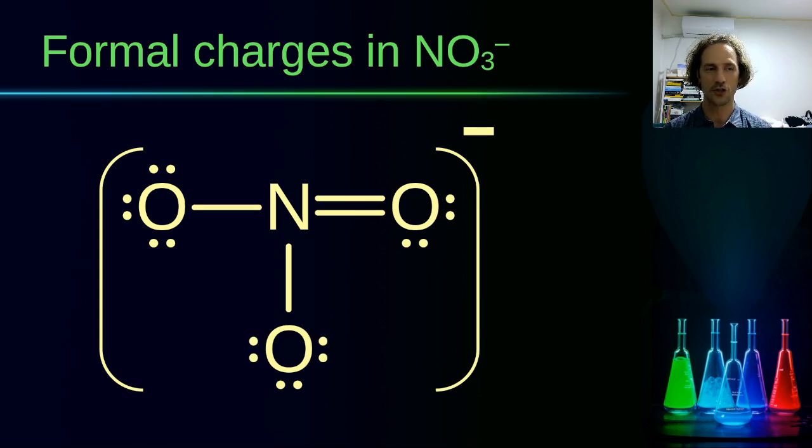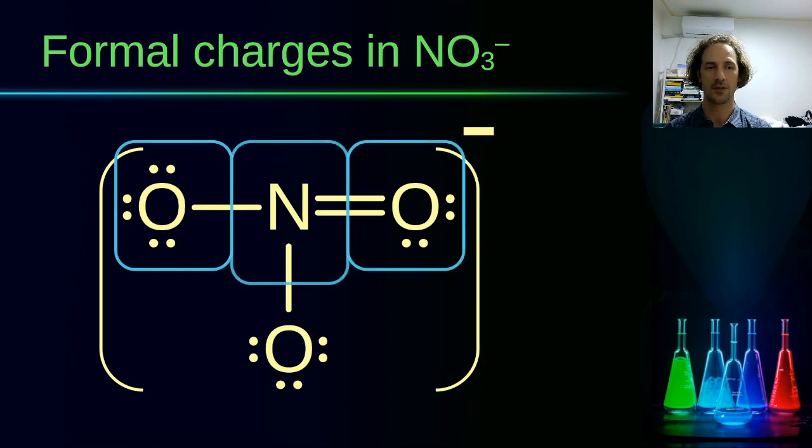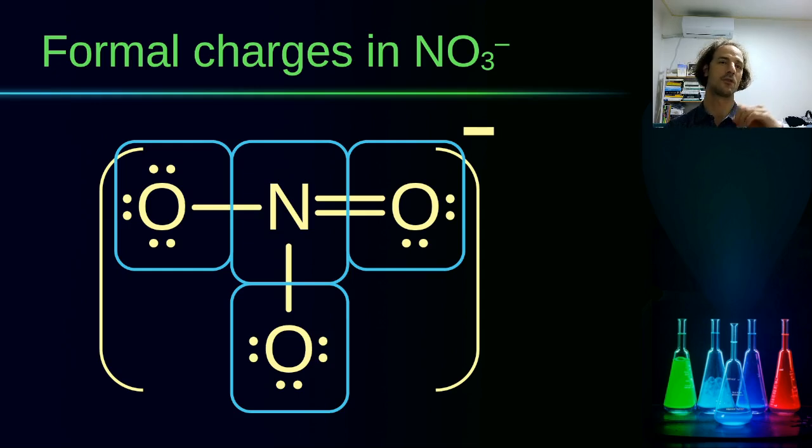Formal charge is basically defined as follows: if we pick apart this molecule or polyatomic ion by breaking all the bonds equally, so if a bond is a single bond and has 2 electrons, we break this bond by giving one of the electrons to one of the atoms and the other electron to the other atom it is connected to, then we take a look at whether either atom gained or lost electrons compared to the neutral atom.